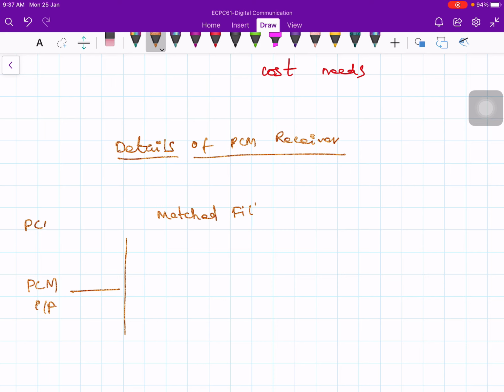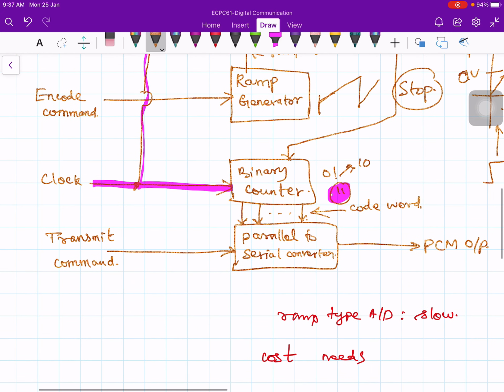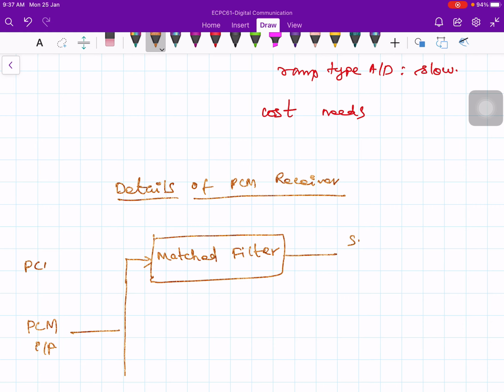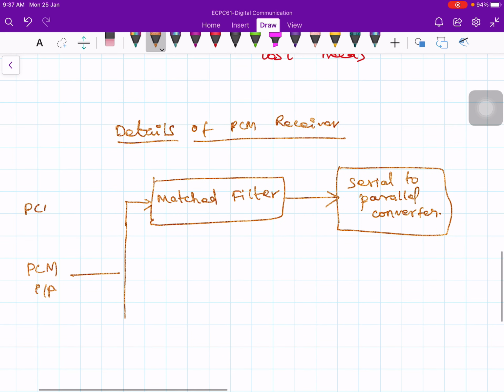Again, as I said, the front end of the receiver must be the matched filter in order to remove the noise, and this is given to a serial to parallel converter, because here we had a parallel to serial converter, right? So the inverse operation is serial to parallel converter, and then here you give it to synchronization.